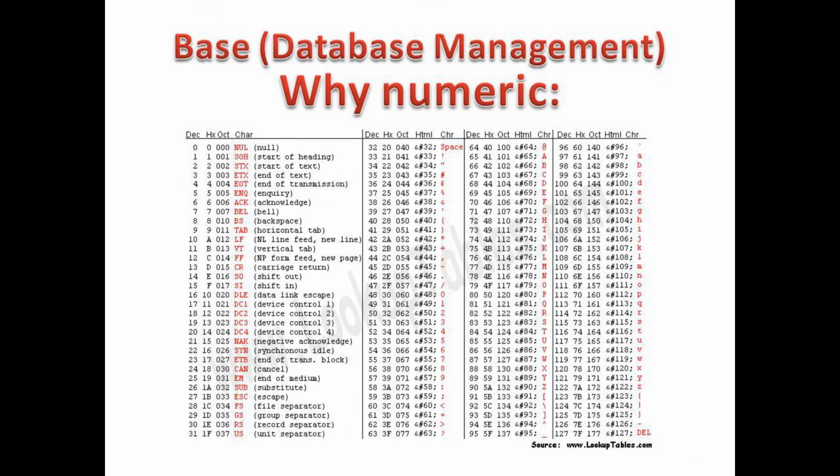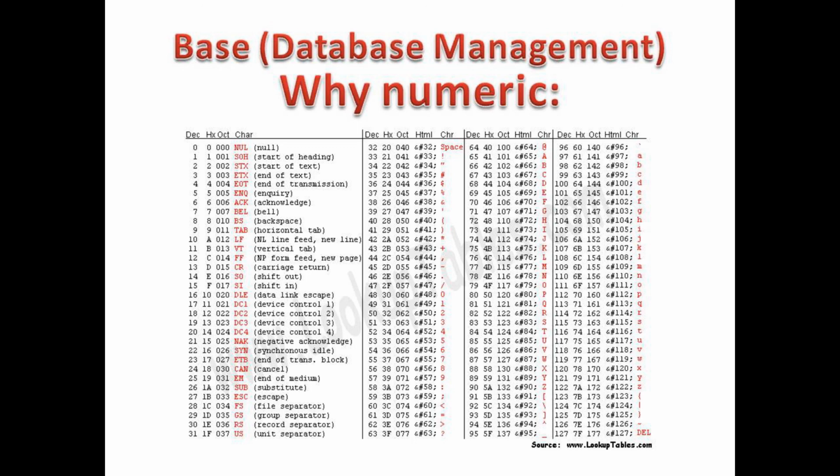Now, I need to discuss with you why use a numerical field for this. And it's all in how it is sorted. Take notice that I have the ASCII chart here, or part of it. And notice that everything in a character field is going to be sorted in the order of the ASCII number.